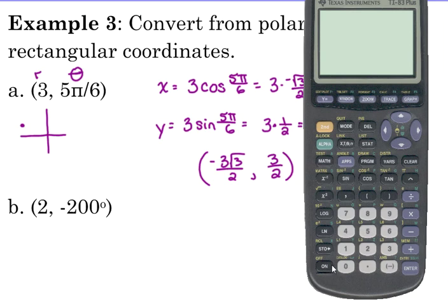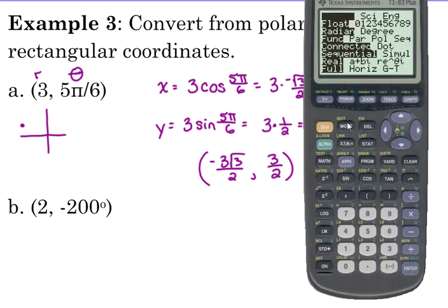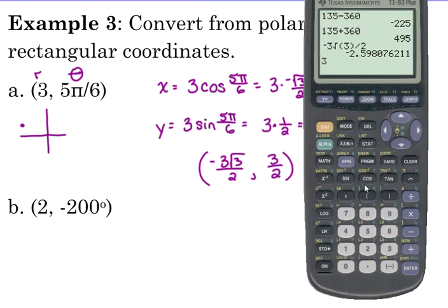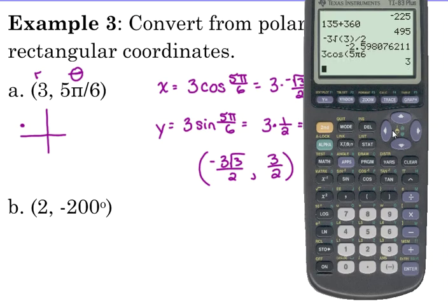Obviously, the square root value there doesn't do us a whole lot of good when we're trying to compare where it's at. So if you want, you can get the decimal approximation. Now, you can, of course, check this in your calculator. You can type it in, 3 cosine 5 pi over 6, and compare it to that decimal value, and make sure that they are the same, and they are.